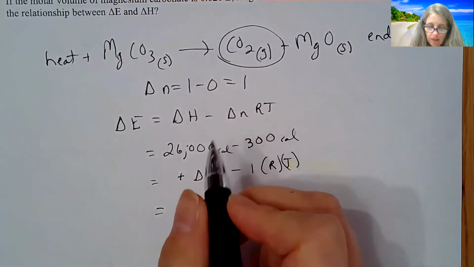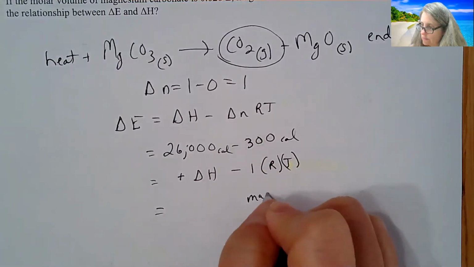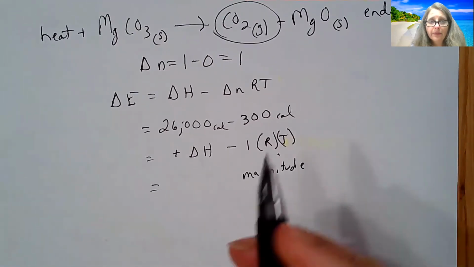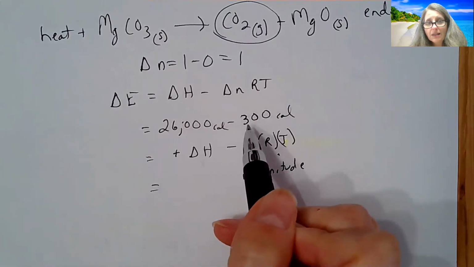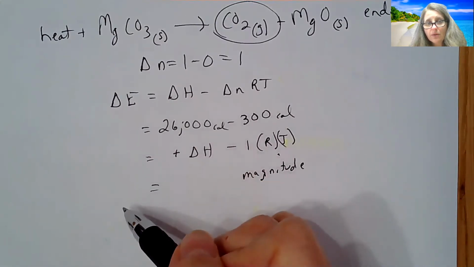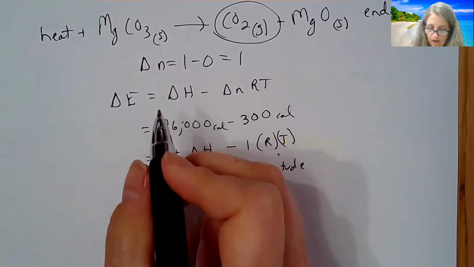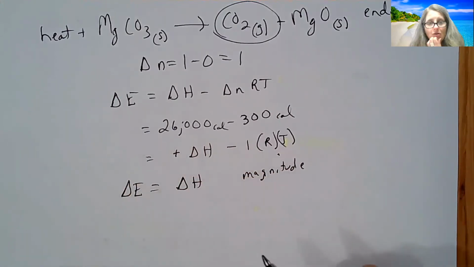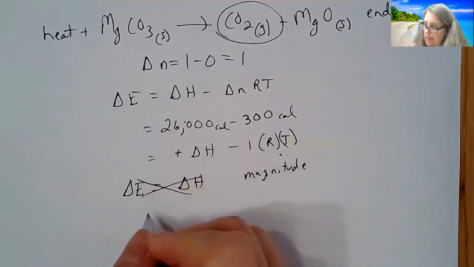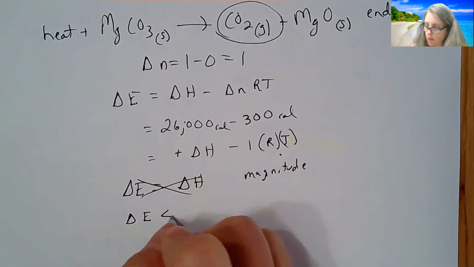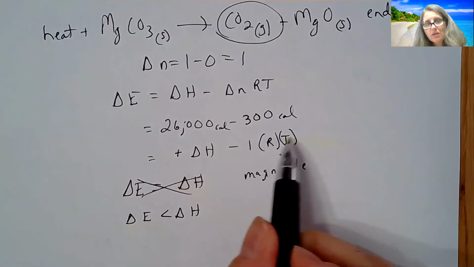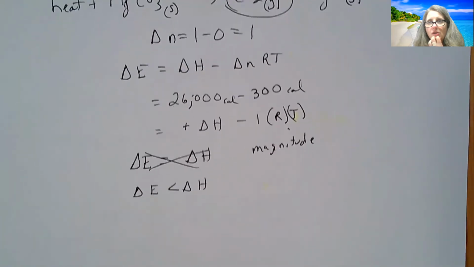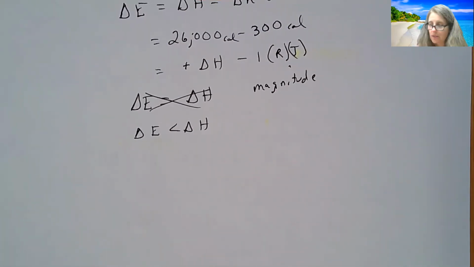So in terms of magnitude, not sign, because sign will make it very wishy-washy, 26,000 minus 300, this number is going to be smaller, the delta E. So the delta E here is not going to be equal to delta H. It's going to be magnitude-wise smaller because you're going to be subtracting away some quantity. And that's the reasoning I want you to do. I don't want us to focus on the calculation. I want you to focus on the reasoning.